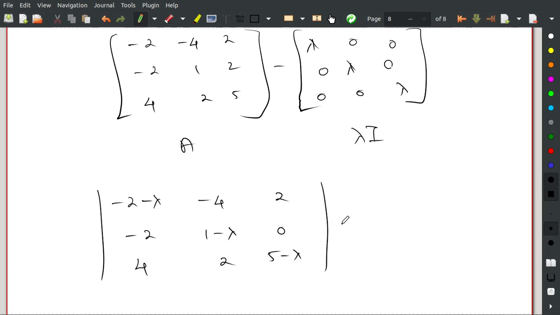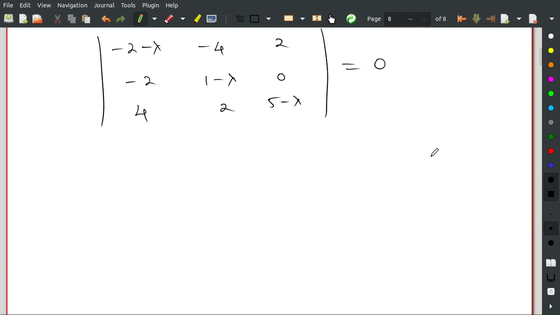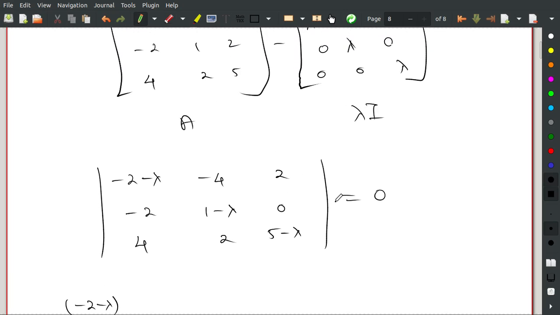Now we equate this determinant to 0. If we want to find the determinant, the determinant is given by -2 minus lambda times this element into this element, right? Sorry, this is not 0, this is 2.